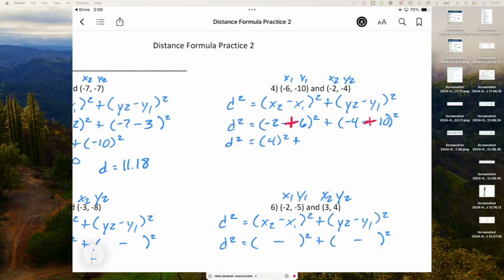Negative 4 plus 10 is 6. D squared is equal to 16 plus 36. d squared is equal to 52. Square root of both sides. 7.21.